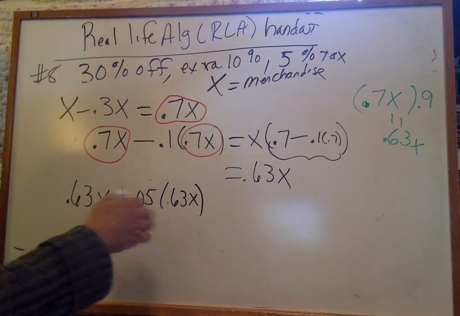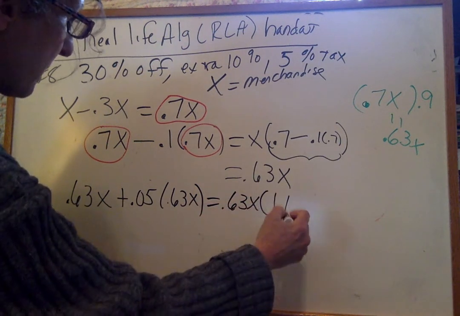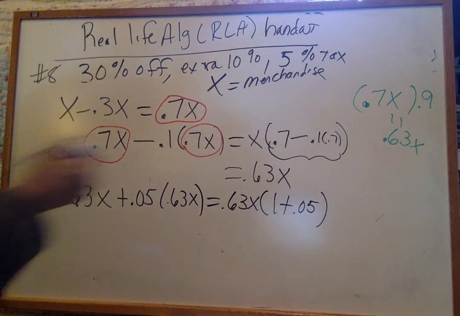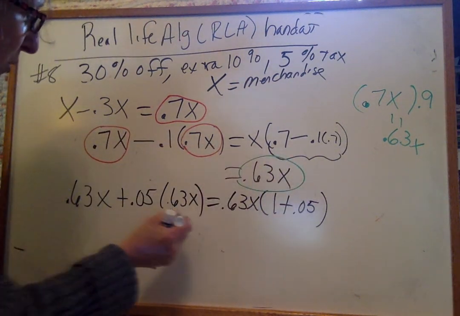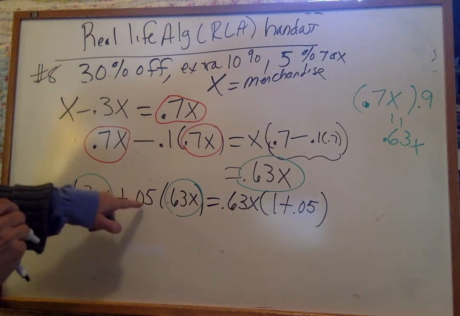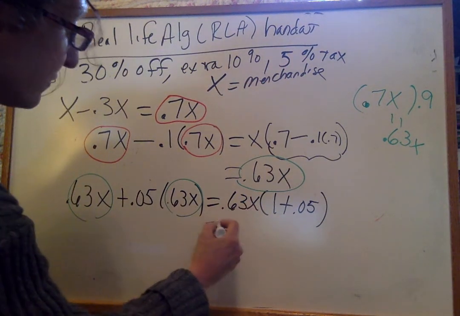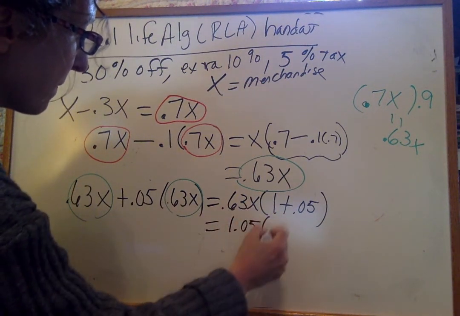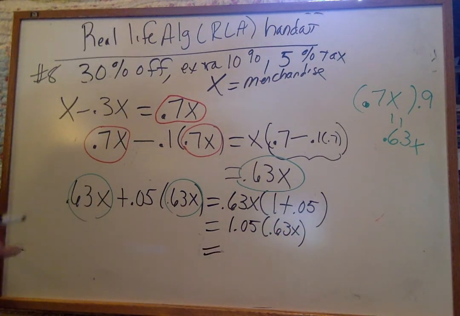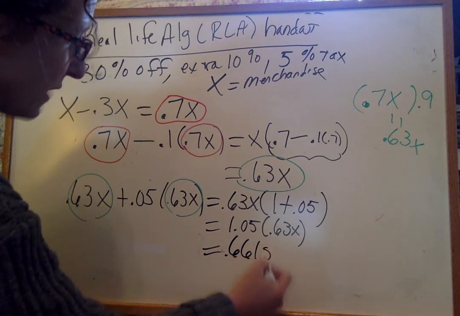You can factor out if you want. I'm trying to make a lot of connections here. If you want to view this as the bubble, I got one of those plus 0.05 of those, which gives me 1.05. Once you do all the multiplication, you get 0.6615x.